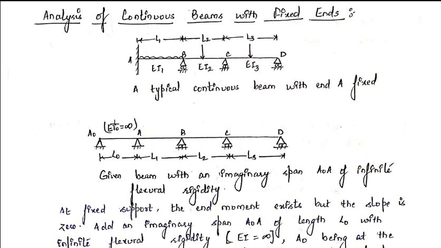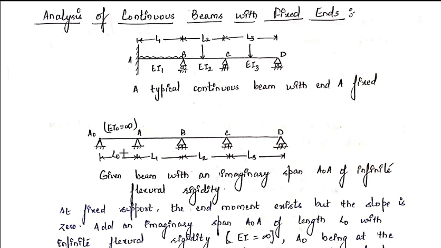So this imaginary span A0A with infinite flexural rigidity will also have slope equal to 0. So this fixed support can be replaced by this imaginary span, because this imaginary span with infinite flexural rigidity will also have a span equal to 0.